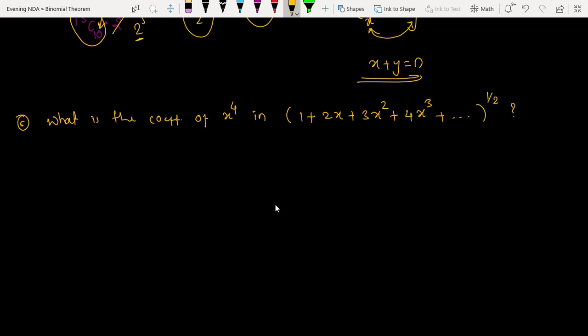Yes, what is the coefficient of x to the power 4 in the expansion of this to the power 1 by 2?